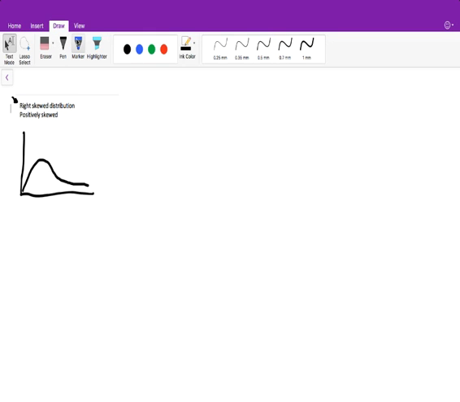So then if we then have a left skewed or a negatively skewed distribution, what this is telling us then is that when it's left skewed, that means the bulk of our data will be over here to the right, and then some of our smaller frequencies will be over here to the left.